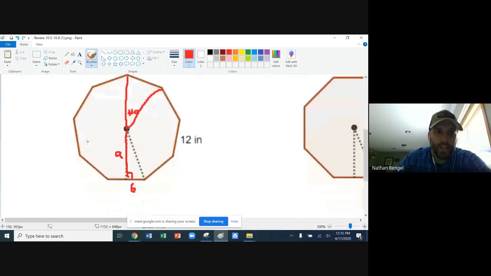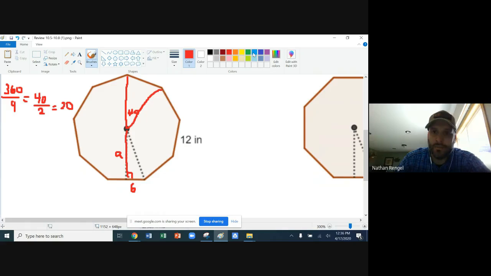Then your apothem splits that pizza slice in half, so that would make 40 divided by 2, which is 20.